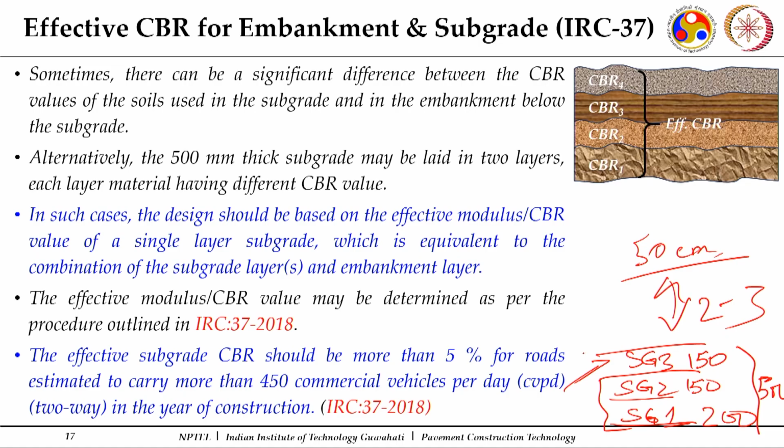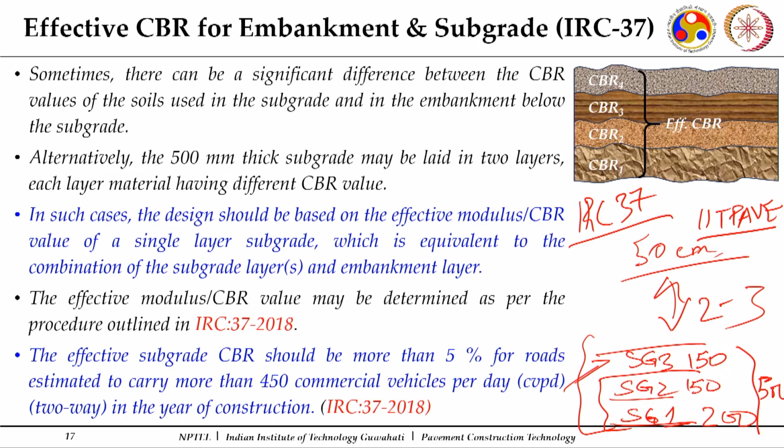So, in that case you need to work out the effective CBR, that what this combination will give you as the effective CBR. So, the IRC 37, which makes use of the software IITPAVE, I am not discussing that particular part here, because this is the design aspect.